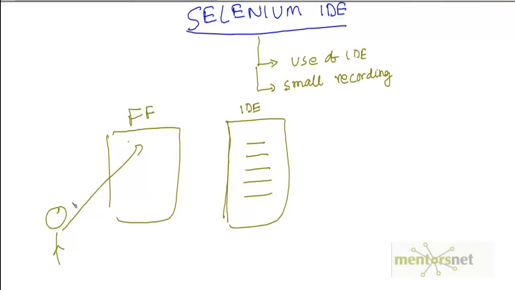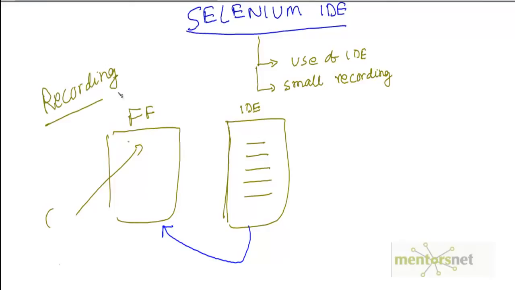And after that, you are gone, so no more human, and then you tell Selenium, okay, now you go and drive the Firefox. So what you are saying here is that the first step, whatever you did, is called recording. In the recording, the human is involved, and the human is teaching Selenium IDE what steps to do.